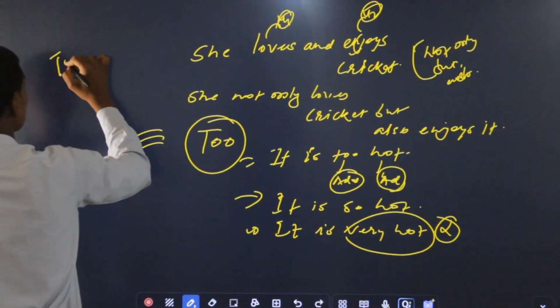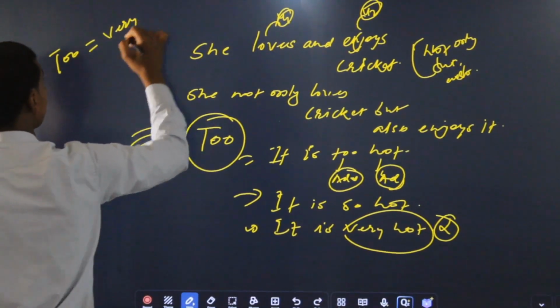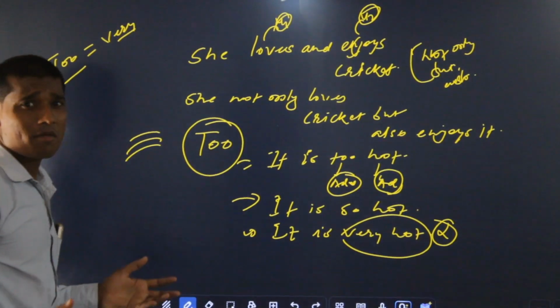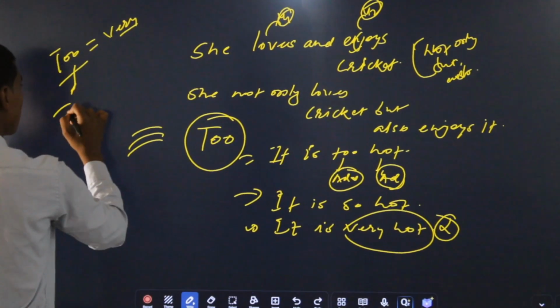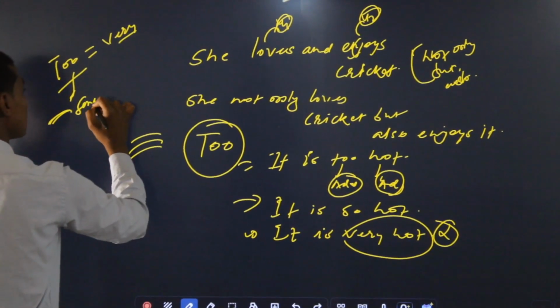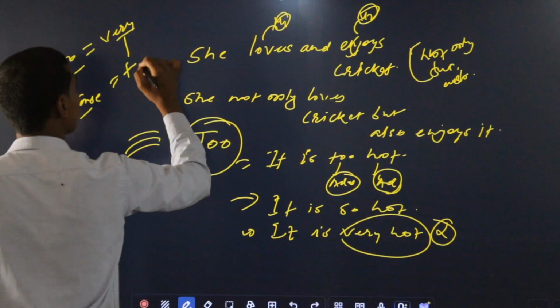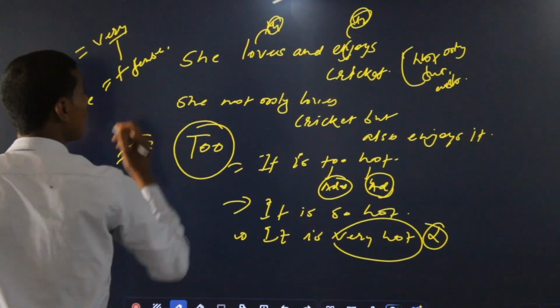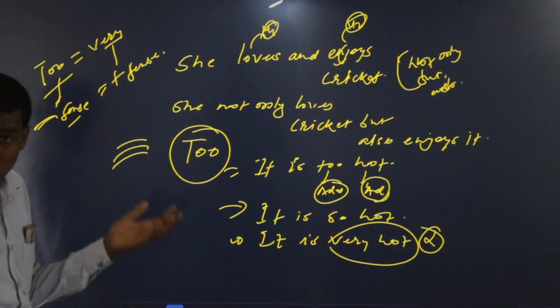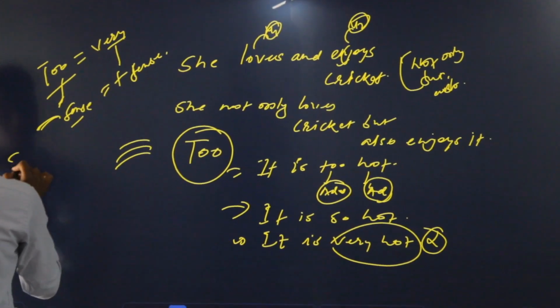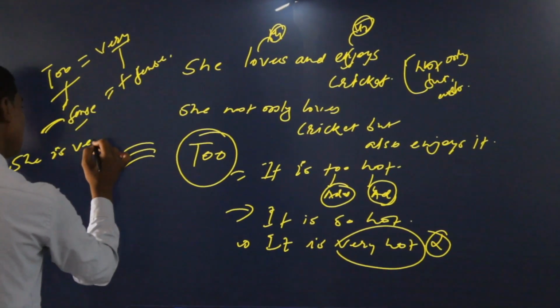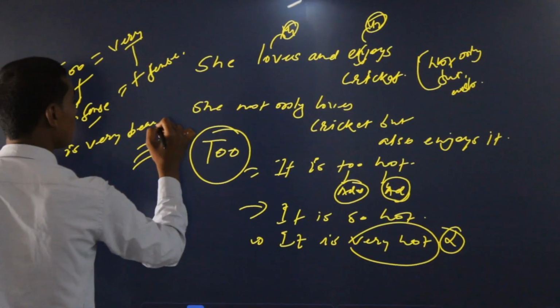Too versus very. However, both have same meanings, but we have to see that too is used for the negative sense and very for the positive sense. We can write she is very beautiful, but we can't write she is too beautiful. We have example, she is very beautiful.